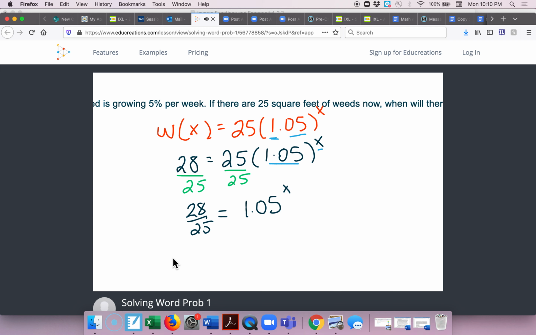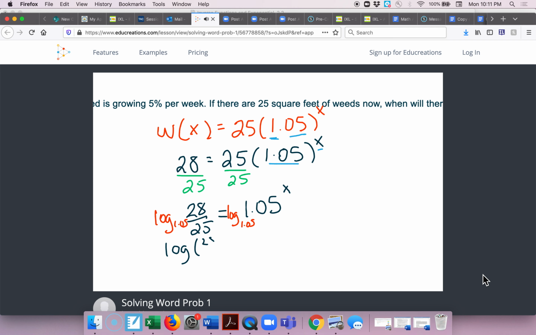Okay, so now we need to get x by itself, we need to get rid of the base. So we're going to use log base 1.05 on both sides. Right, so this right side, I know how to rewrite this. It's going to be a little bit cumbersome, but it's not terrible.